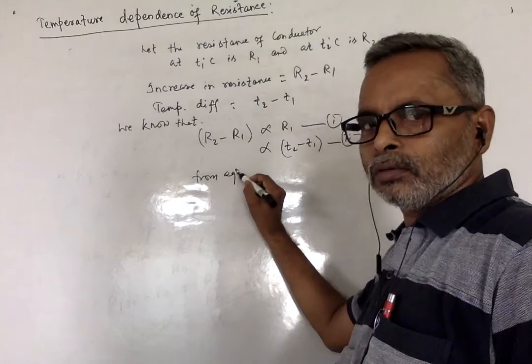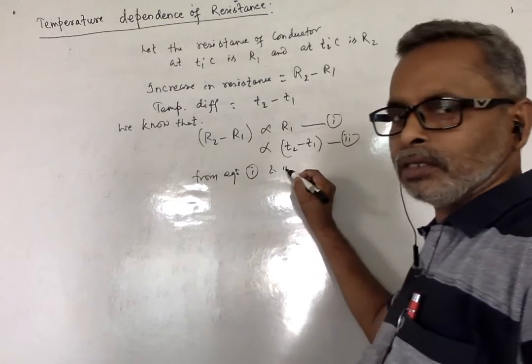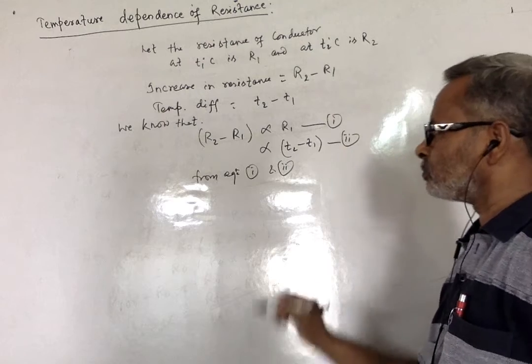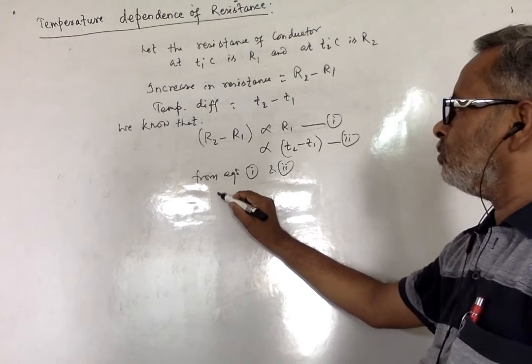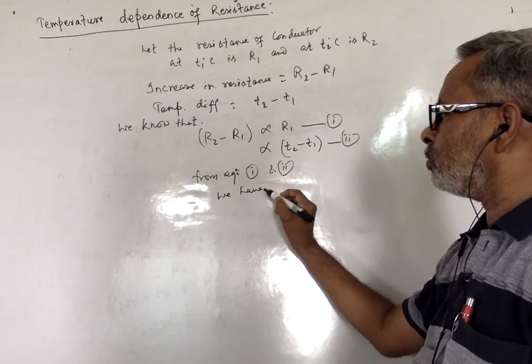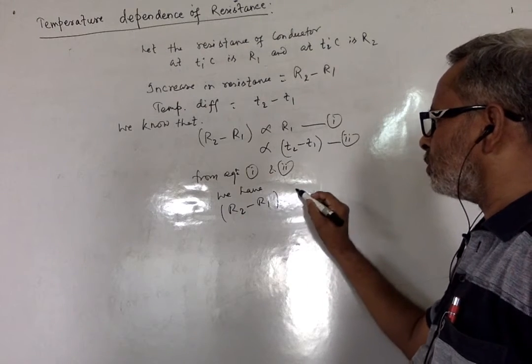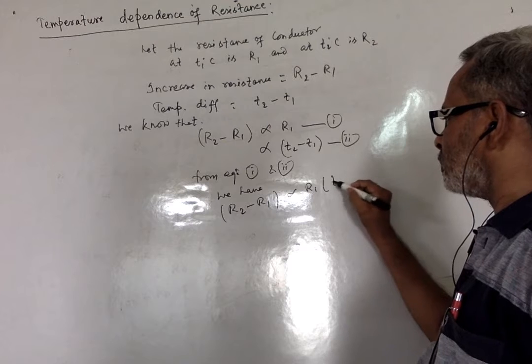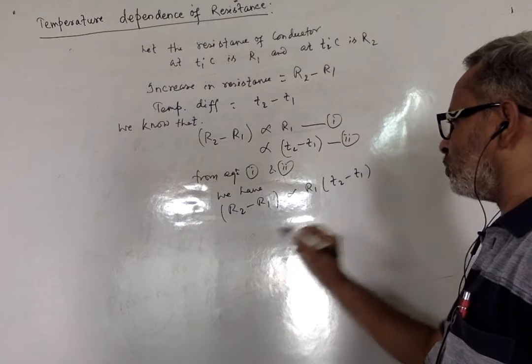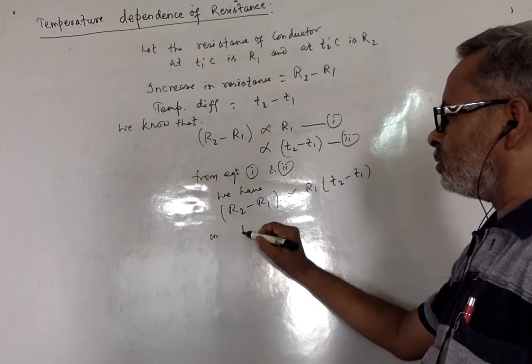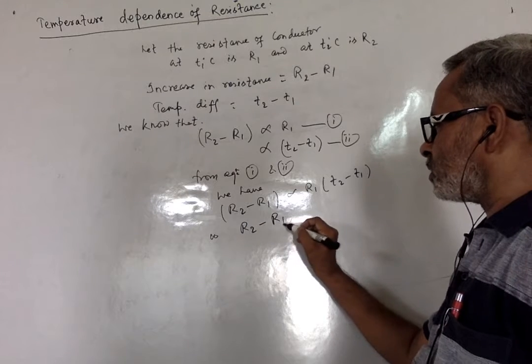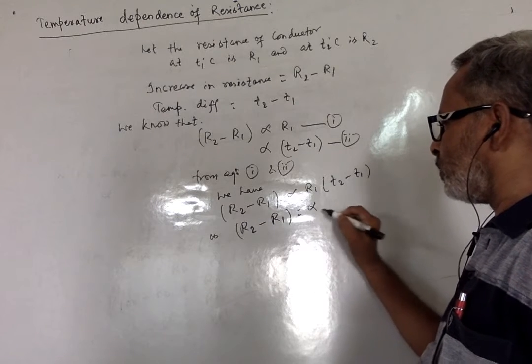From equation first and second, we have R2 minus R1 proportional to R1 (T2 minus T1), so R2 minus R1 equal to alpha R1 (T2 minus T1).